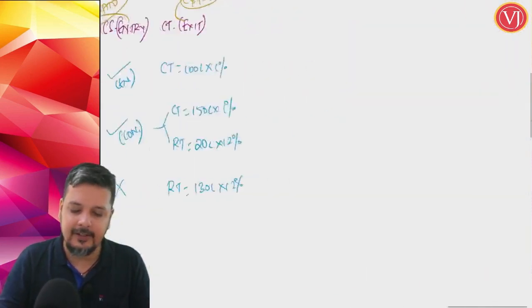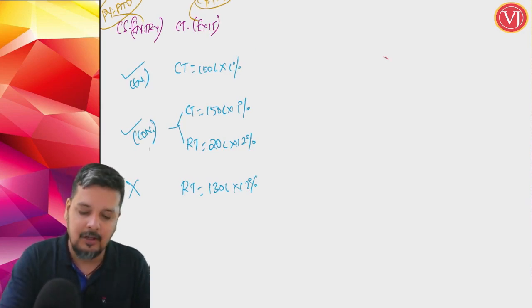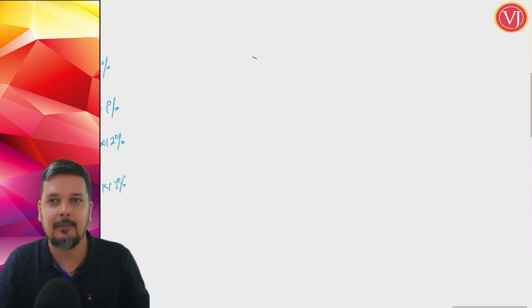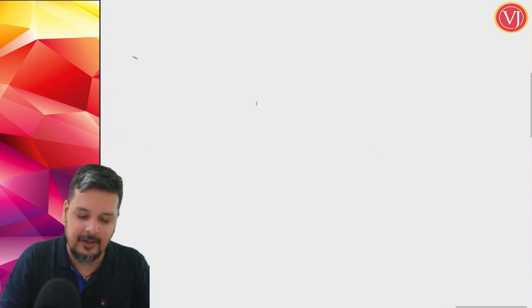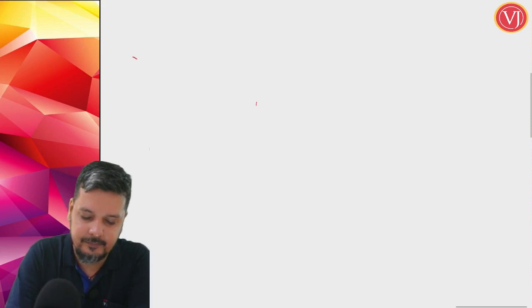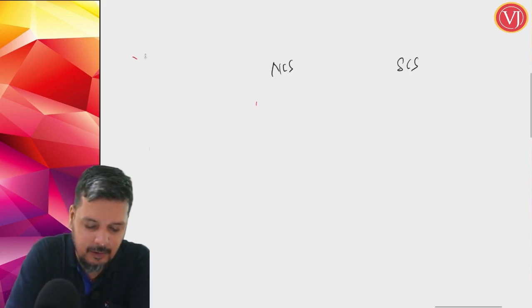Now, final thing which is required for your calculation, calculation part of your composition scheme. One was your numbers. When is what limit, whether you will enter or not. One is the rate of tax. What are the types of rates of tax in your composition scheme? Normal composition scheme, special composition scheme.